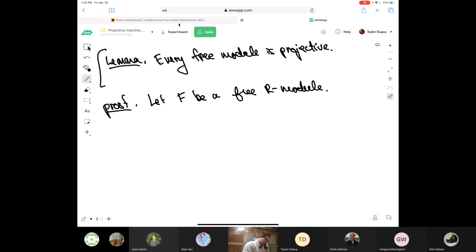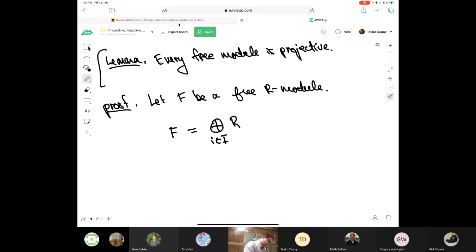So what does that mean? This means that F looks like the direct sum over i in I of R's. I want to remind you what the direct sum means here. This is over an index set, so it's like big tuples.